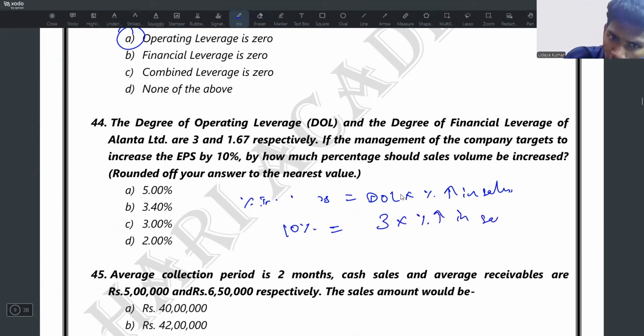Now it's quite easy to calculate. 10% equals 3 into X, where X is the percentage increase in sales. So X equals 10% divided by 3, which is nothing but 3.3333%. Then your answer would be 3.4. You can consider 3.3 percentage. Sorry, 3%. You can consider it.